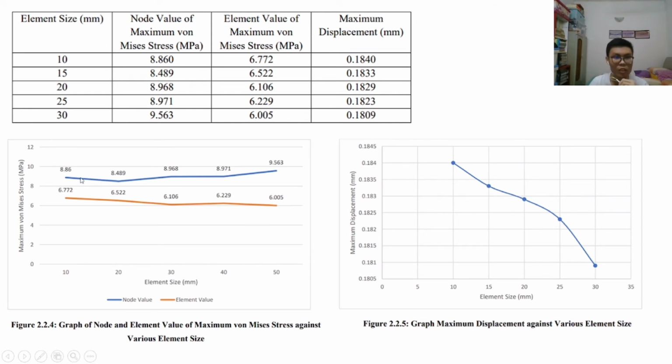Generally, the node value is higher than the element value. For the maximum displacement, when the element size increases, the maximum displacement decreases. So in this case, we choose the smallest element size, which is 10 mm, for our analysis.